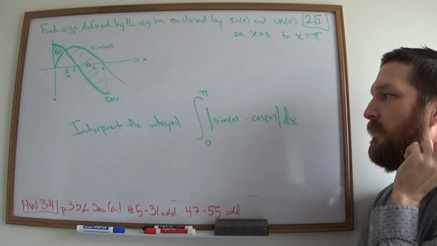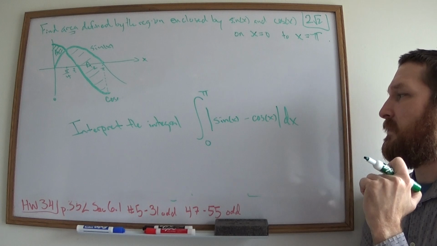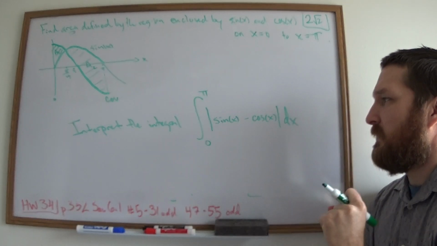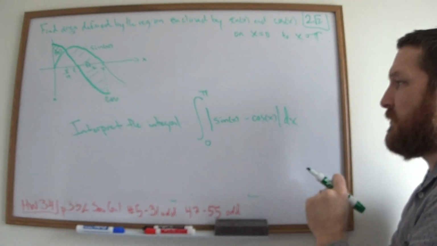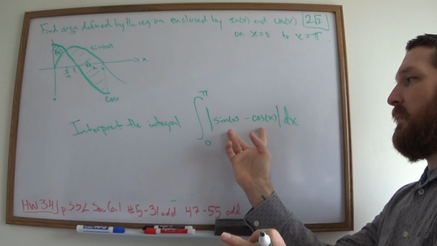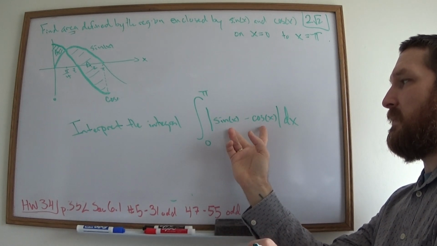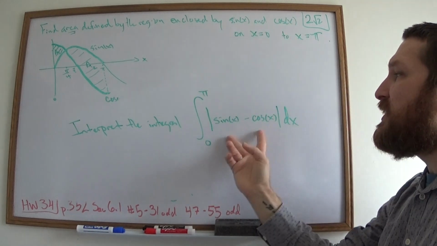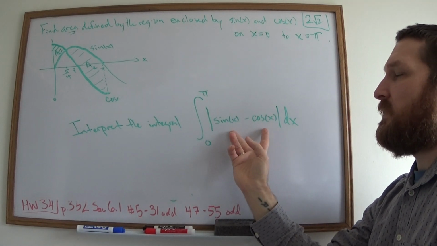You'll see this in your homework. It'll say interpret the integral, and it's going to give you one of these. And what you do is you say, oh, hold up, absolute value. Let's not worry about that. What we're going to worry about is these two functions. Same way, like you're always thinking, what region does this define? And you say, okay, sine and cosine.